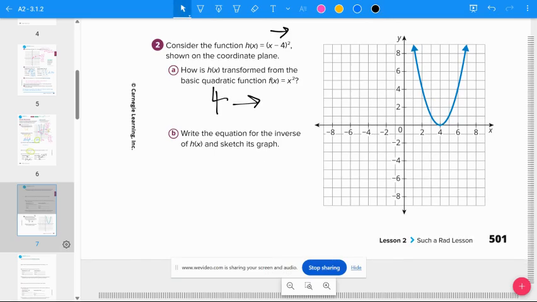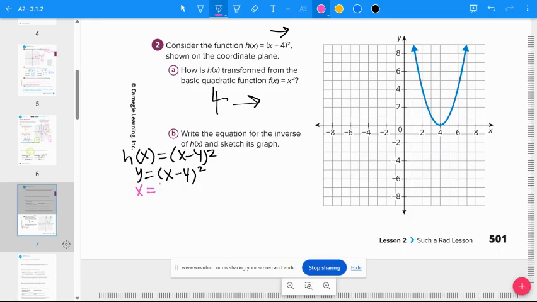So take a second and practice actually plugging in the inverse. This is where we're going to switch x and y. Sometimes it's helpful to write your starting equation or function. So h of x equals x minus 4 squared is what we started with. We said that we want it in terms of y, so I'm going to rewrite it as y equals x minus 4 squared. Now we have to transpose or flip the x and the y.